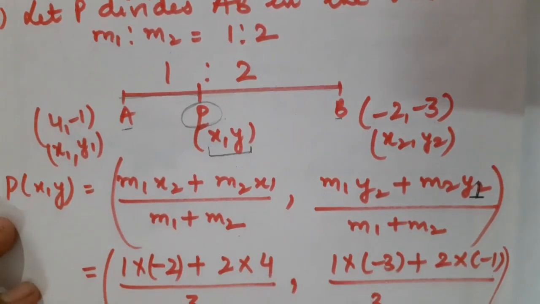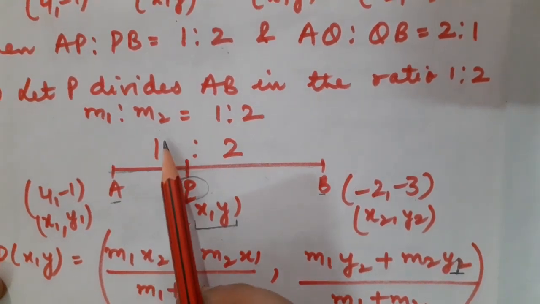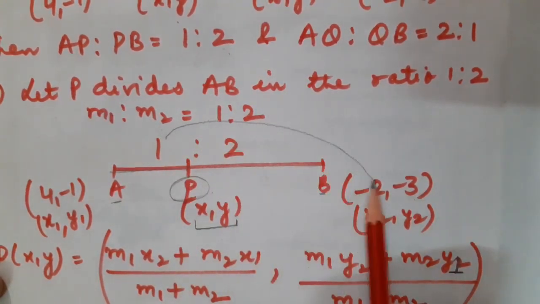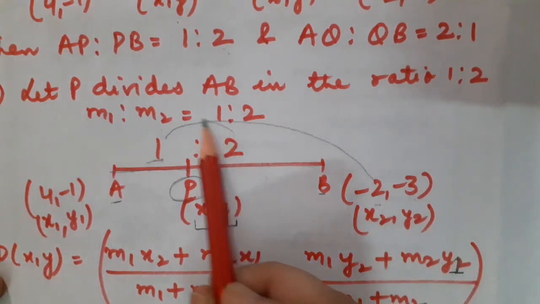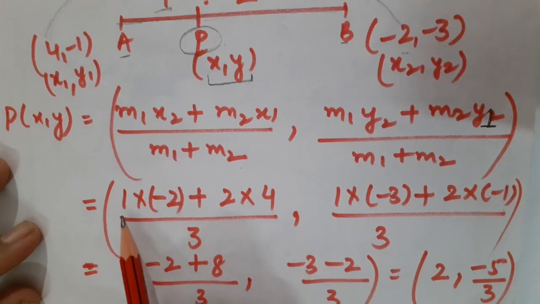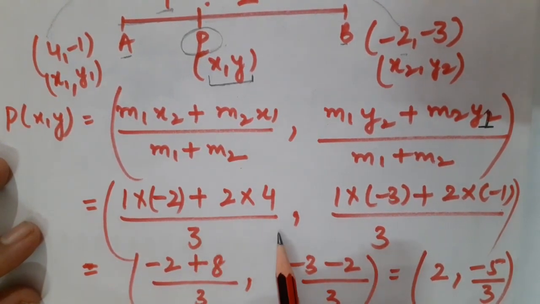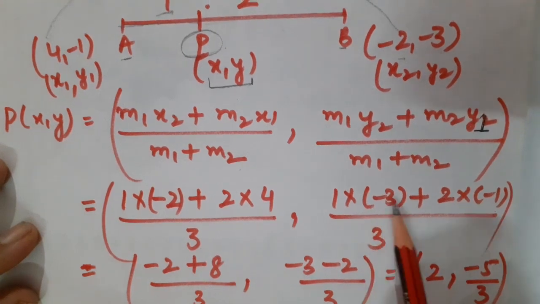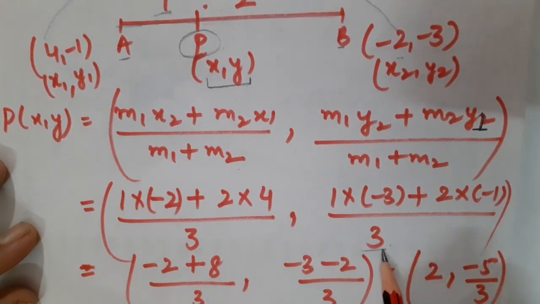Fine, students. Now, how can I apply the formula? This is 1 into -2, because this is m1 and this is x2, plus 2 into 4, upon the sum of the ratio. Here it is written 1 into -2 plus 2 into 4 upon 3. In the same manner, 1 into -3 plus 2 into -1 upon 3. 3 is what? m1 plus m2.